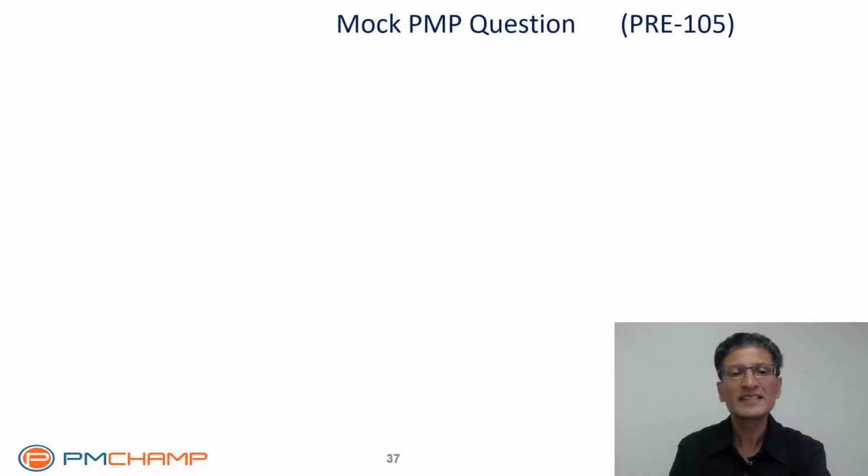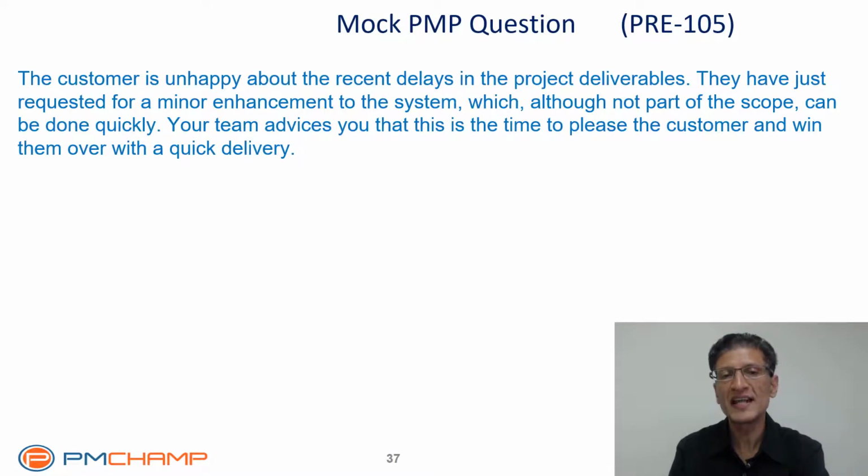The customer is unhappy about the recent delays in the project deliverables. They have just requested a minor enhancement to the system which, although not part of the scope, can be done quickly. Your team advises you that this is the time to please the customer and win them over with a quick delivery.